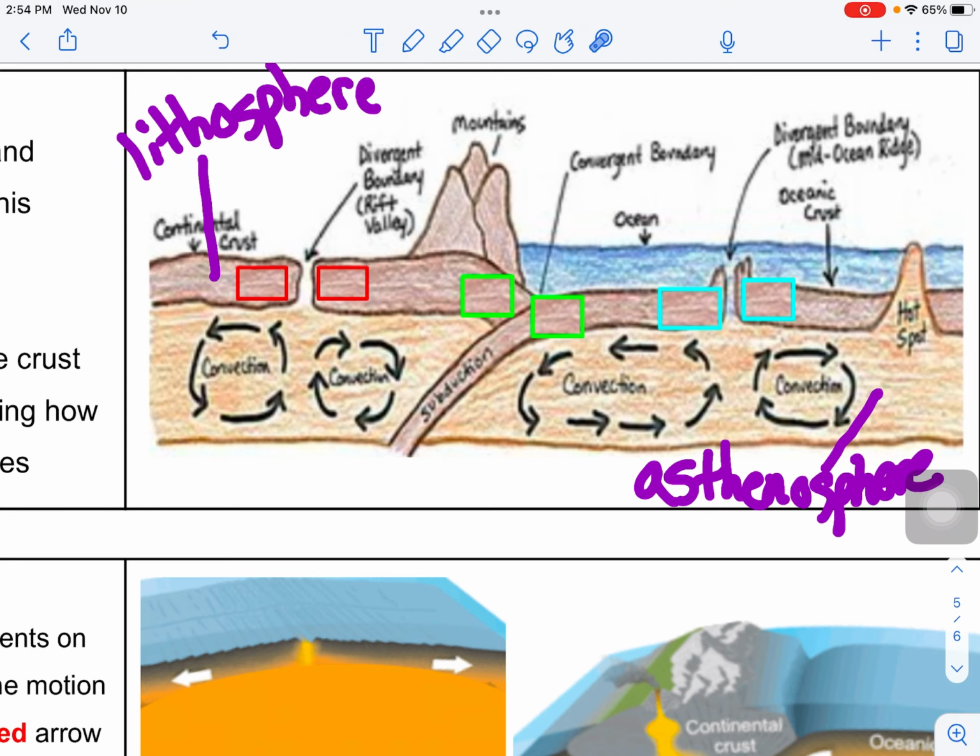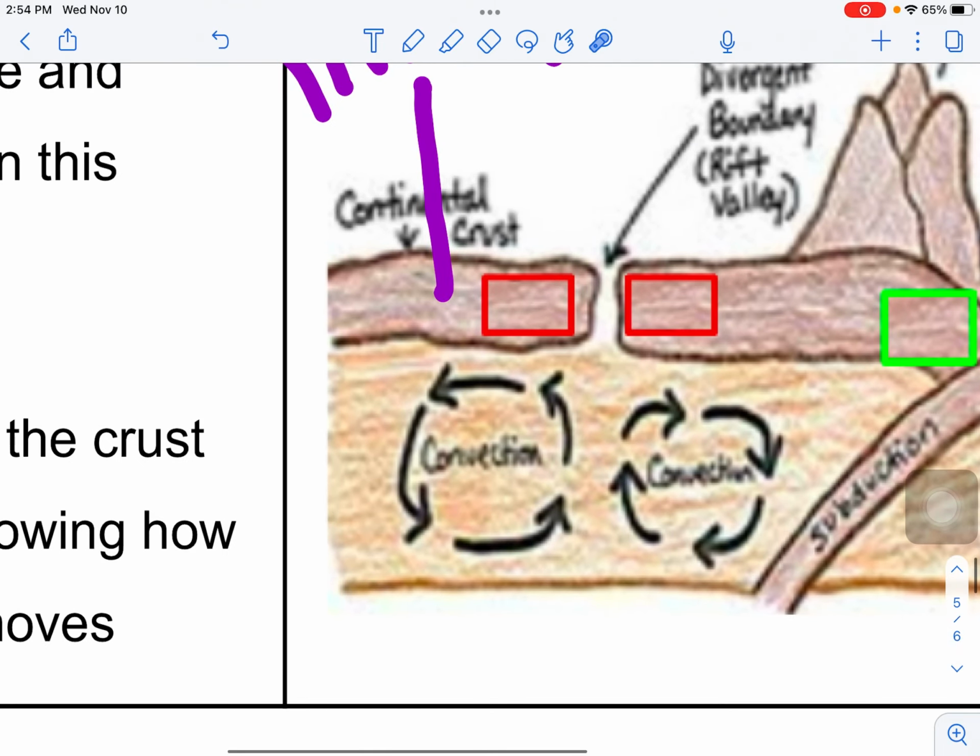So if we take a look at this first part in red, I see the convection currents are getting heated up. As they hit the crust, they cool down, but it's got this motion towards the left. It rises up and it moves to the left. That tells me that my crust is going to be moving towards the left.